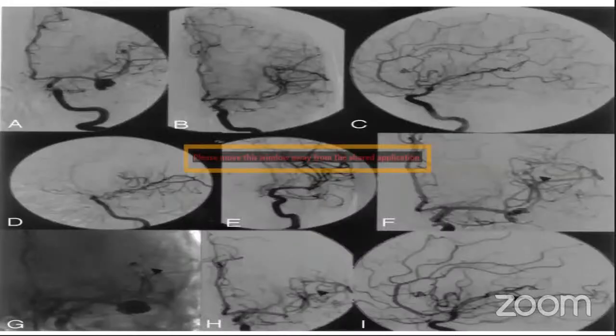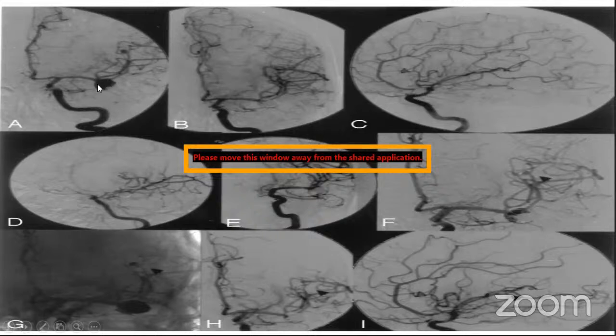Okay, this was a case of a young patient, 40 years old, who had again a saccular aneurysm at the M2 bifurcation.